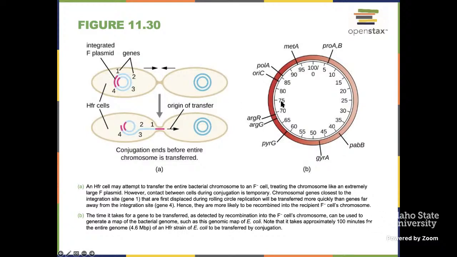And knowing this timing, which is like 100 minutes as we move around this clock, you can see what's happening with these cells, these Hfr cells, and the transfer as it's moving over, right? Piping into those cells. So, like I said, about 100 minutes for the entire genome to be piped over into a new cell.